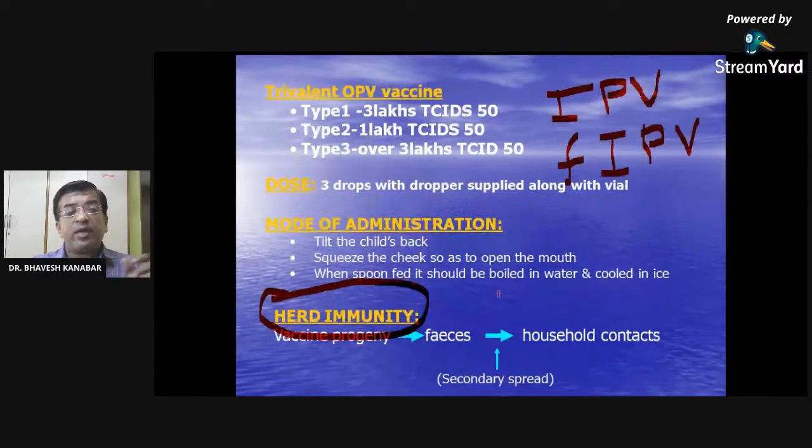So among the remaining 20 persons there is less chance that the disease will develop, because the virus will find almost all persons immune. The virus will not find the way to any person who is non-immune and can develop the infection. Because 70 to 80 persons are protected by the vaccine, the other 20 are also protected. This is called the concept of herd immunity, right?